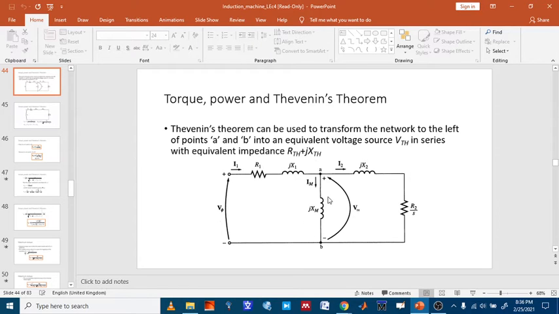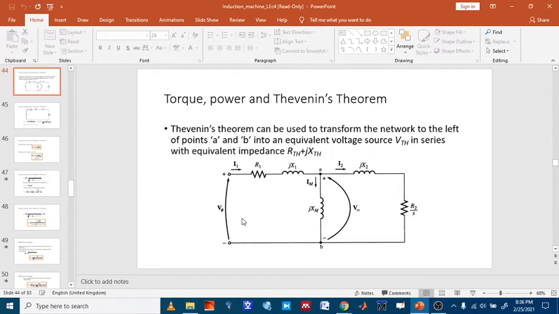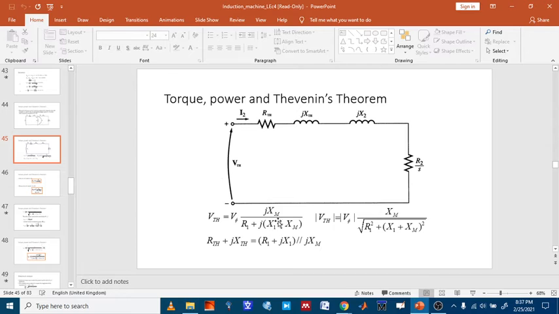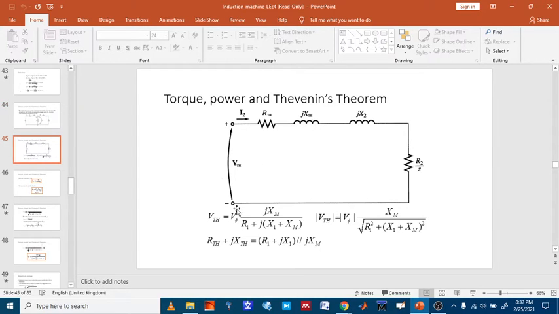According to the voltage divider rule, the voltage across this terminal will be equal to the impedance JXM over the total impedance R1 plus JX1 plus JXM, multiplied by the V phase. That is the voltage divider rule. You get the VTH.